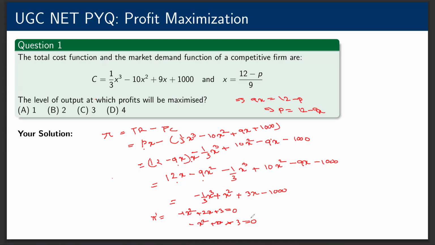In place of plus 2x, I will write plus 3x minus x. It becomes plus 2x, and plus 3 times minus 1 becomes minus 3. So it is minus x square, in place of plus 2x I am writing plus 3x minus x, and this is plus 3.